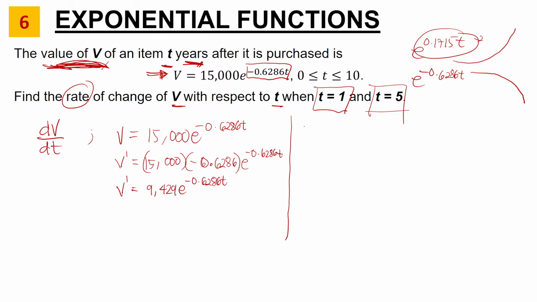So let's start first with when t is equal to 1. So we have v prime, because we're asked to find the rate of change. That is 9,429 e raised to negative 0.6286 times the t, which is equal to 1.